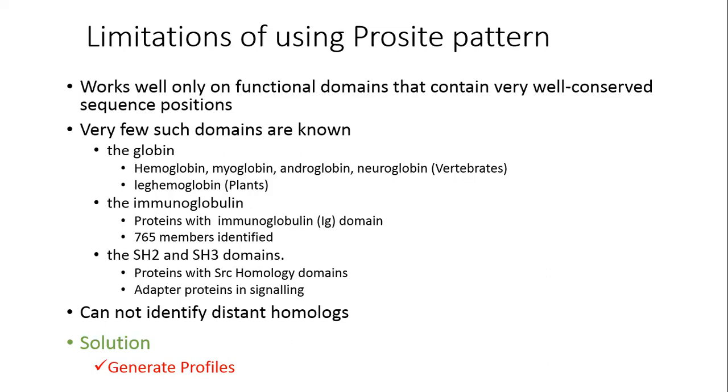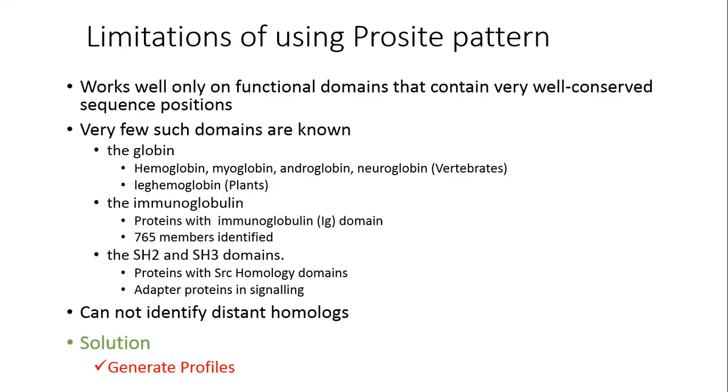In such a case, PROSITE patterns are ineffective for deducing relationships among the given sequences. You might end up with a pattern that is quite ambiguous, and you might miss some important site if it is already there, or you might end up identifying something which is not there.